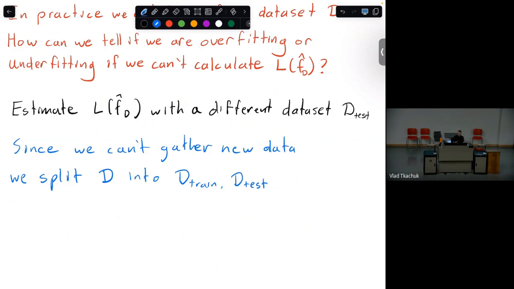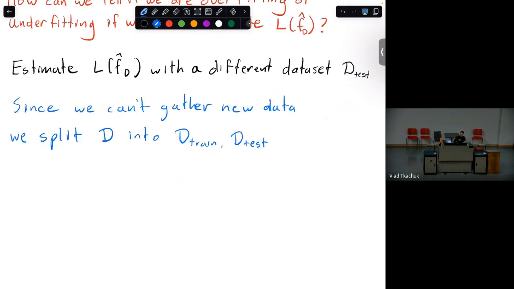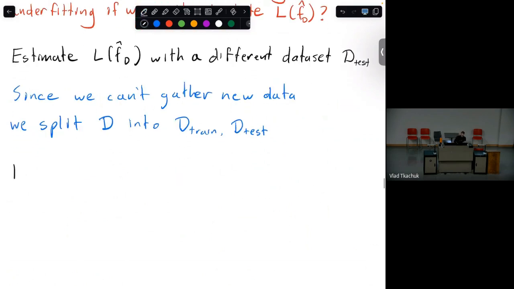You split into these two parts, and D train will look exactly as before, like the data sets we've seen, except now instead of going to index n, we're going to have to stop early. We can't use all of it. So we're going to go to index n minus m.